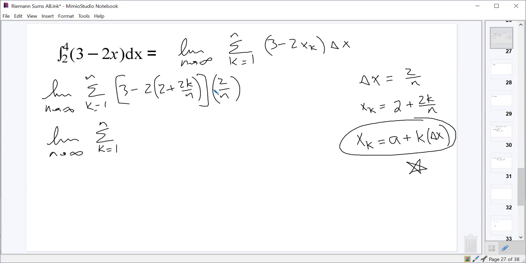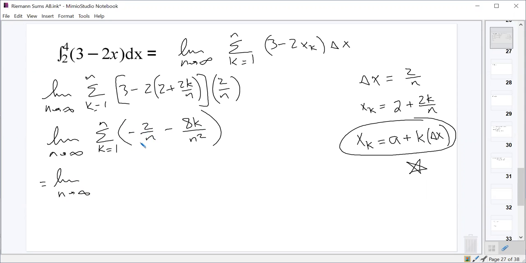The 3 minus the 4 is negative 1 times the 2 over n is negative 2 over n. And then we have a negative 4k over n times 2 over n. So that becomes negative 8k over n squared. Is that what you guys had inside of your summation? Yes. Cool.